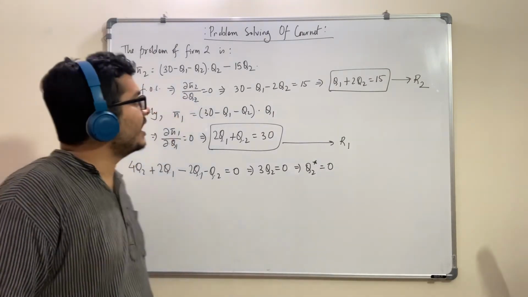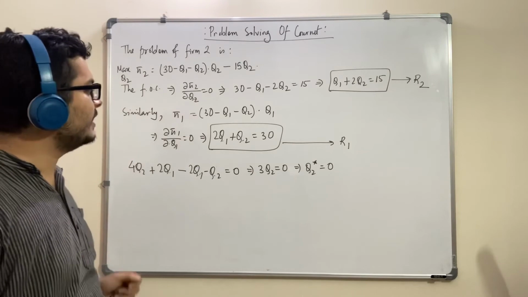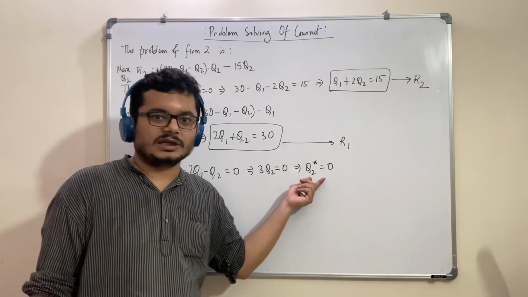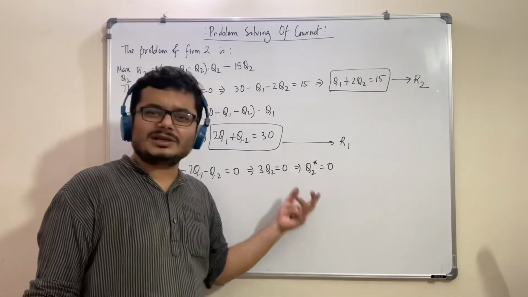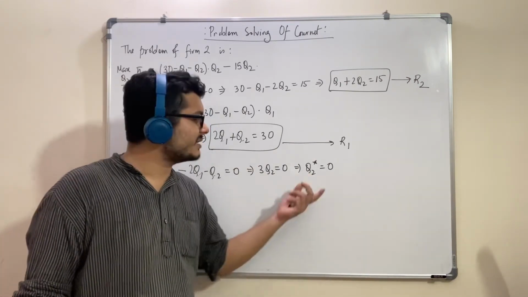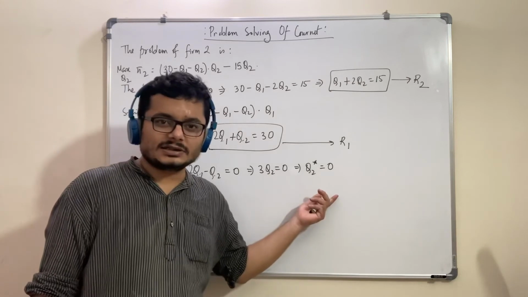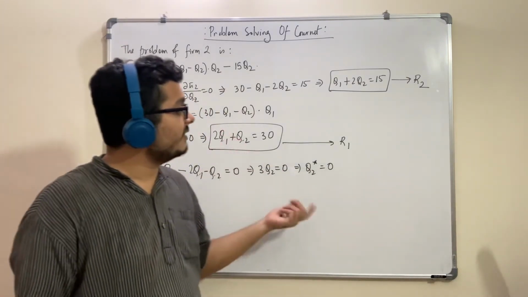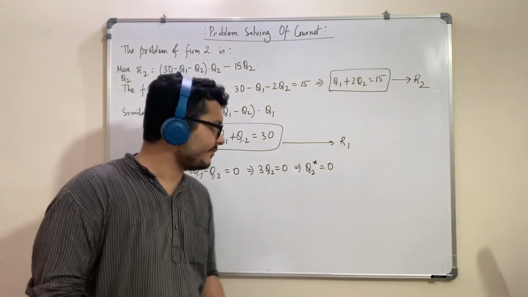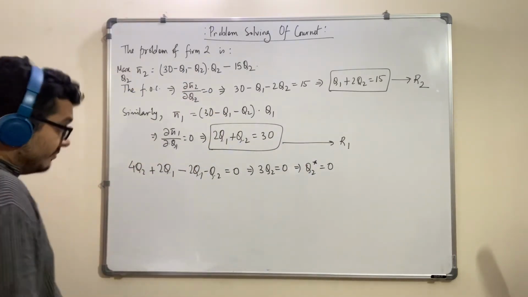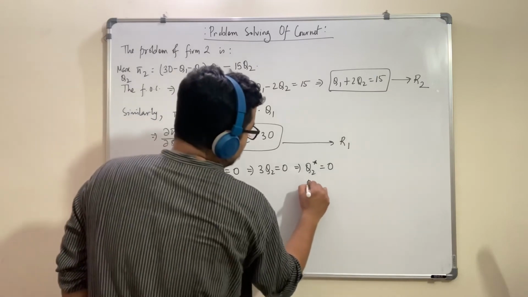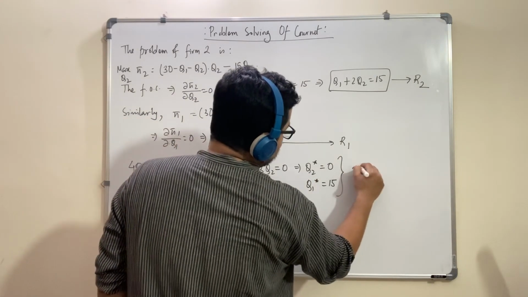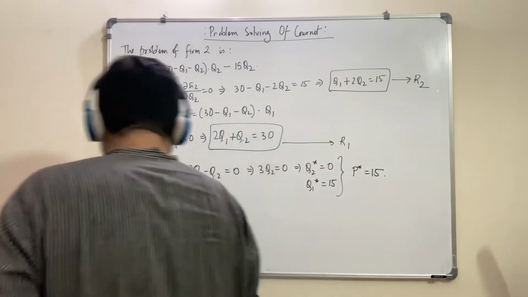That means in the Cournot game, in the equilibrium, the second farm will not produce anything. That tells us that it will result in monopoly, because farm 2 will not find it profitable to produce, or rather it will find it profitable not to produce. Now just to complete the answer, Q1 star will be 15 and P star equal to 15.